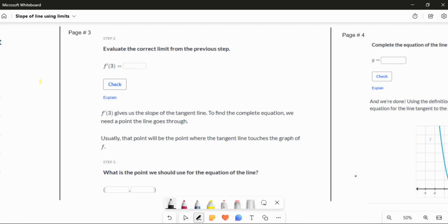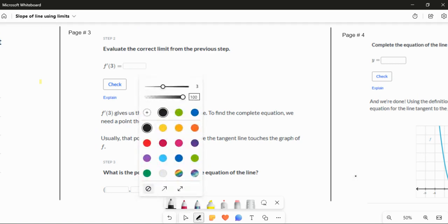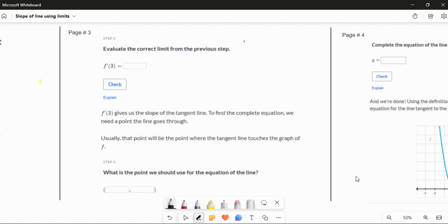Well, to evaluate the limit as h approaches 0 of the expression f of x plus h minus f of x over h, all we need to do is substitute the values here, you know?